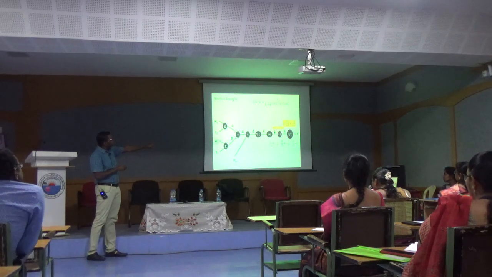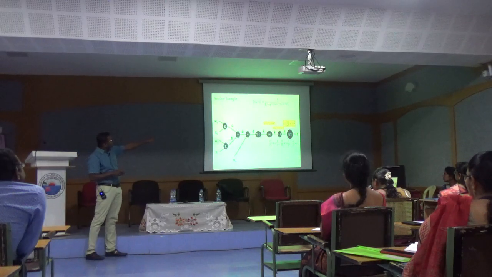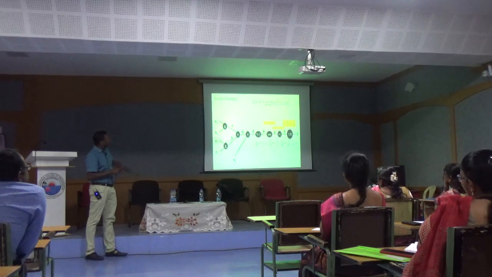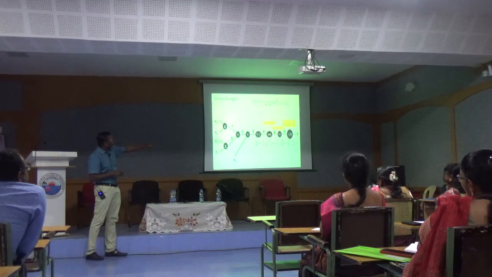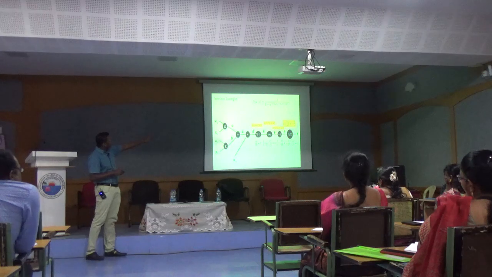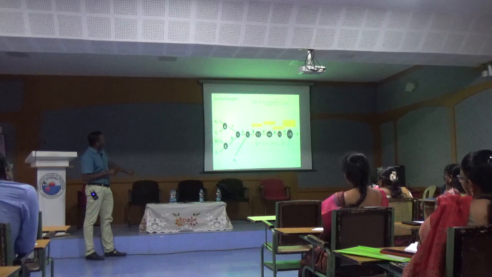That means you have dou f by dou g, which is also the same, -1 by h square. Similarly, the derivative of e raised to x is e raised to x itself. So you can write dou f by dou k as e raised to k into -1 by h square. And next is the derivative of a times x, which is equal to a. A is what?